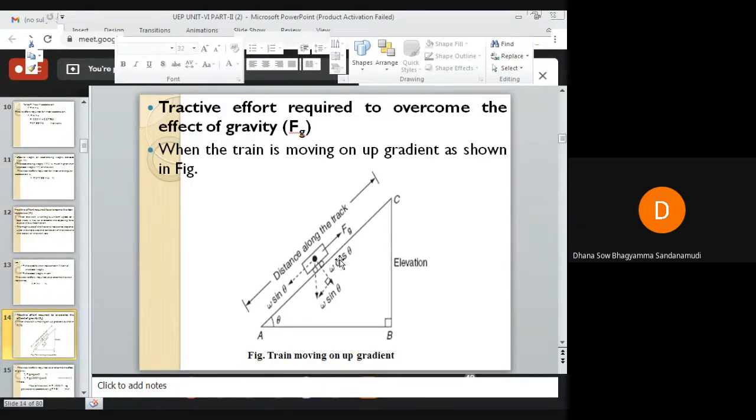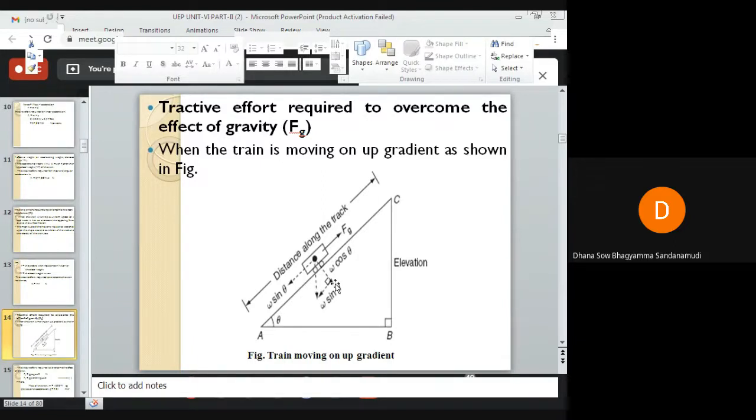In order to prevent this opposition, the tractive effort must act in the upward direction to overcome the gravity component of the dead weight, which opposes the motion of the train.